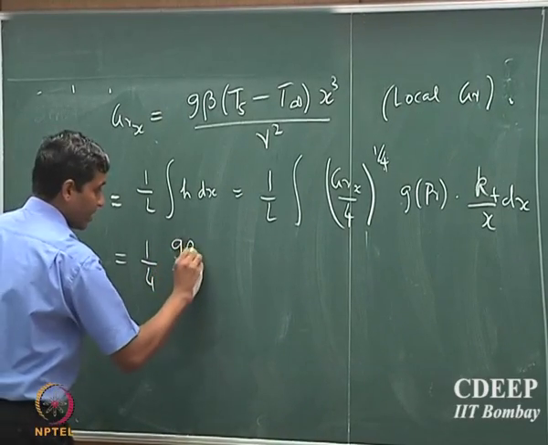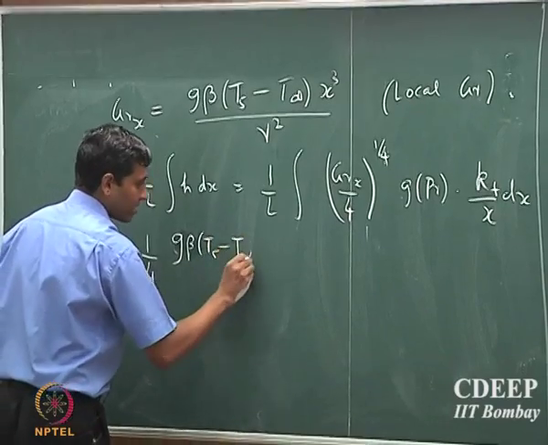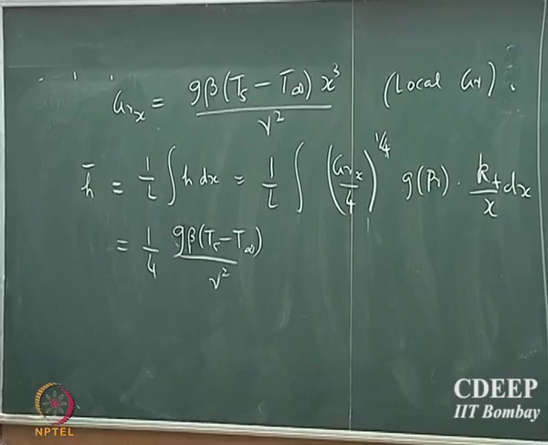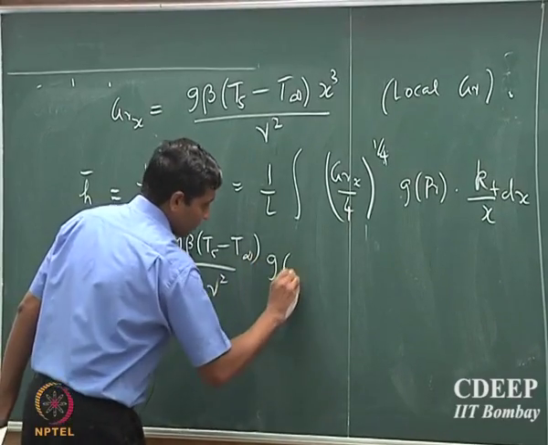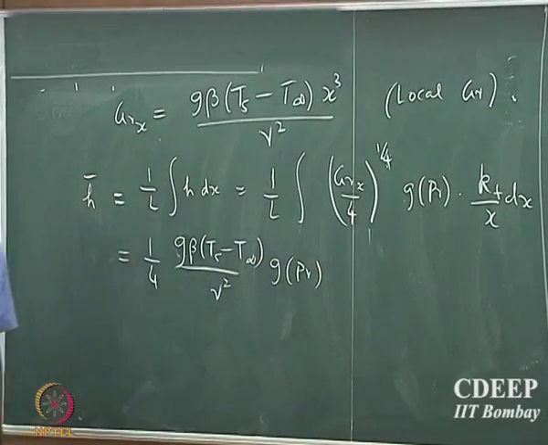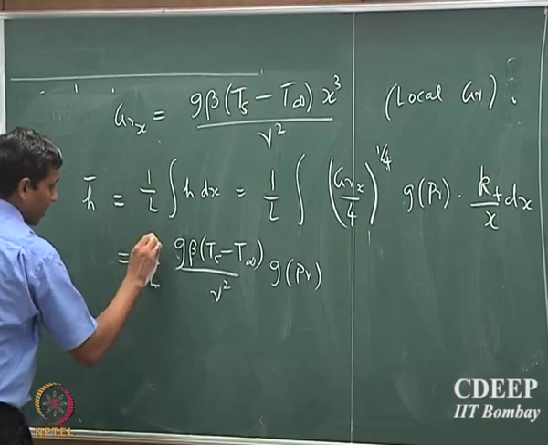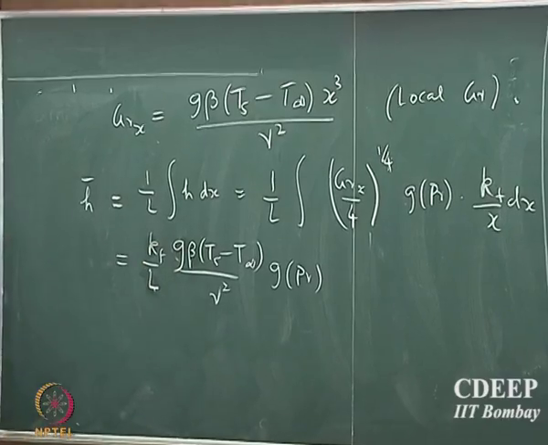And that will be 1 by 4 g times beta (Ts minus T infinity) by mu square. All these are not functions of x, so we can pull them out. The function of Pr is not a function of x, we can pull it out. Kf is not a function of x, that can be pulled out.